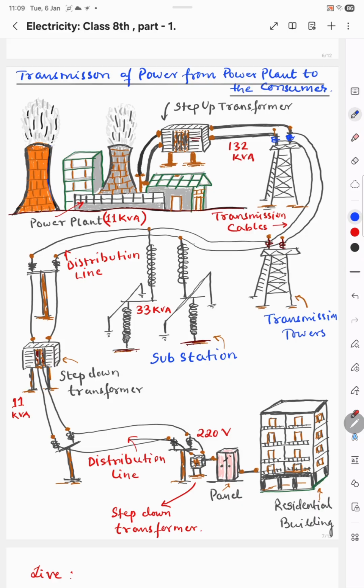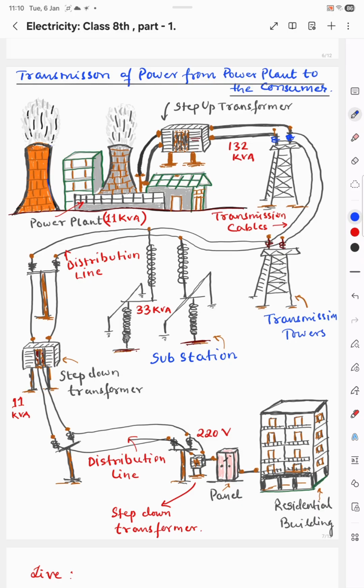Now here a step down transformer is used to step down this power from 132 kVA to 33 kVA, and from this substation it is again sent through the distribution line, where we have one more transformer that steps down this 33 kVA to 11 kVA. This 11 kVA power is sent through the distribution line which comes to the residential area, the industrial area or the commercial areas.